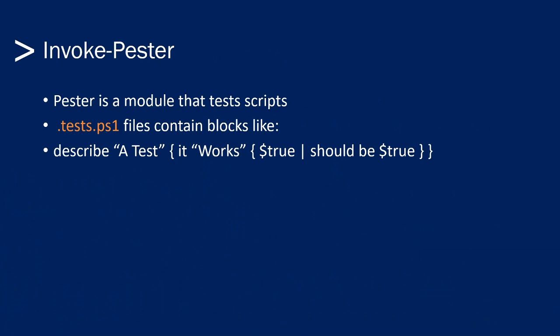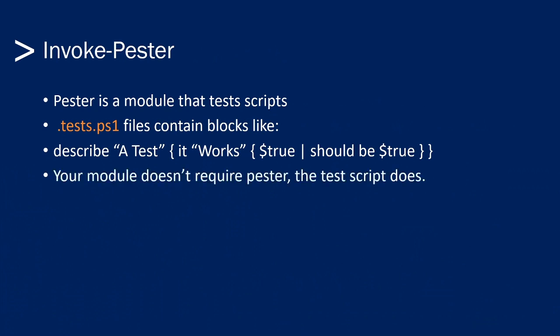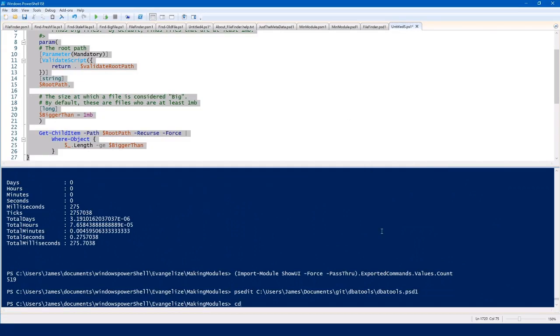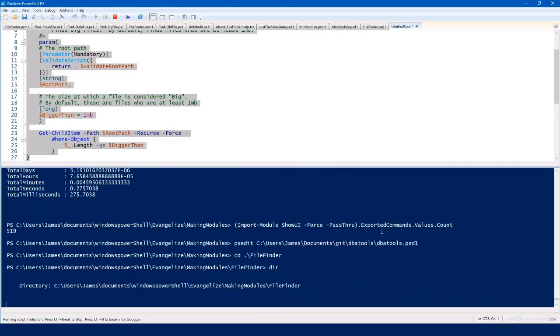Yeah. Pretty easy, actually. It's not a bad unit testing framework. Your module will not require Pester, but the test script does. So we can write a little associated file that lives with our module, but does not run with our module, that actually makes sure that it works.